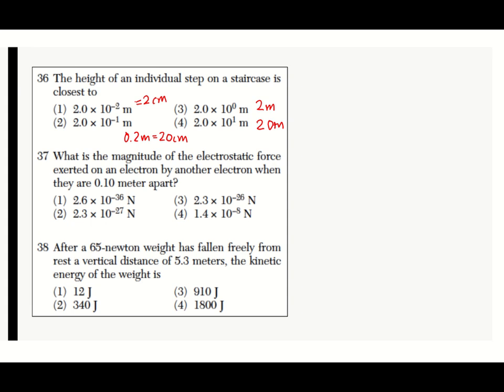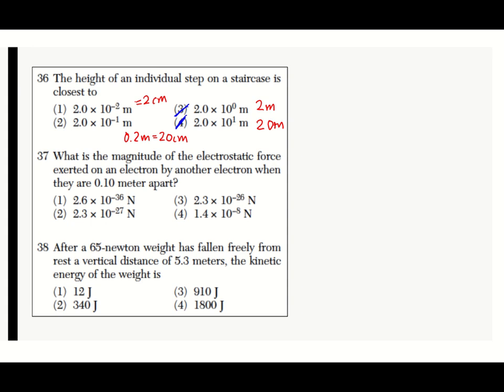So maybe in your classroom experience, you definitely have seen a meter stick or a yardstick or 3 12-inch rulers stacked together approximately. And so if we look at our choices, we could easily eliminate choice 3 and 4 because a staircase step should not be 2 meters or longer.